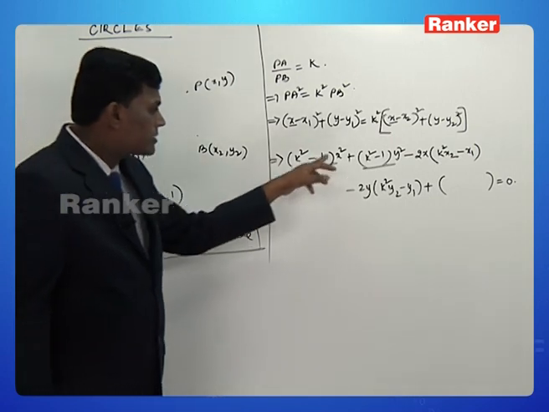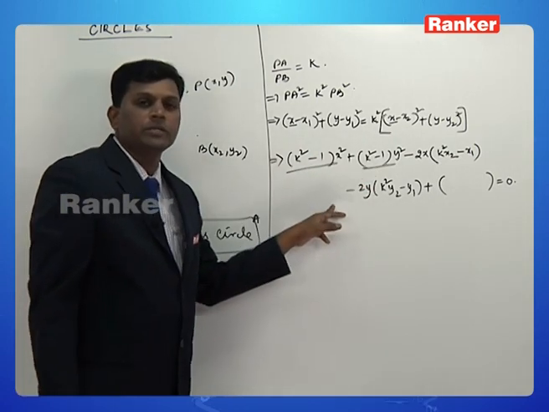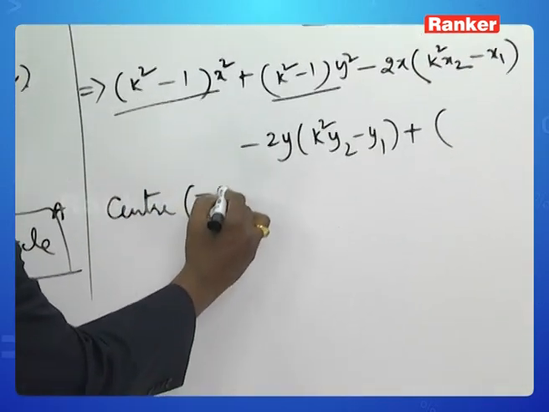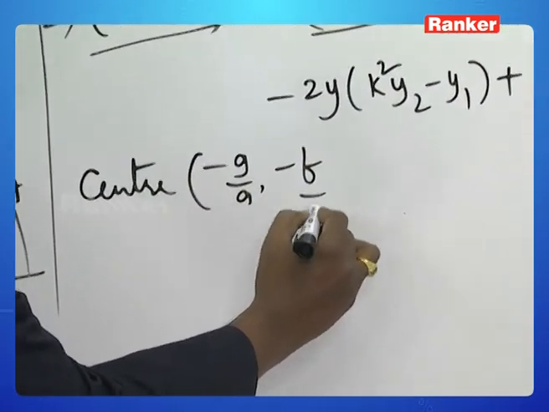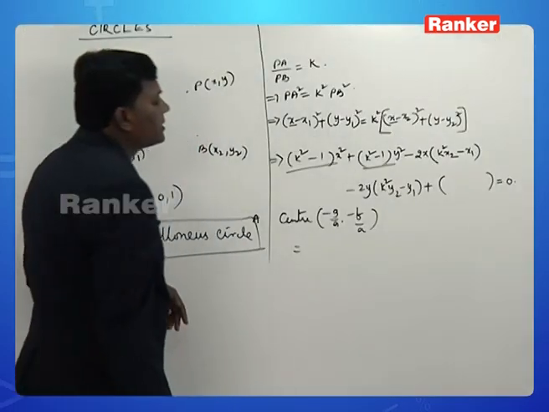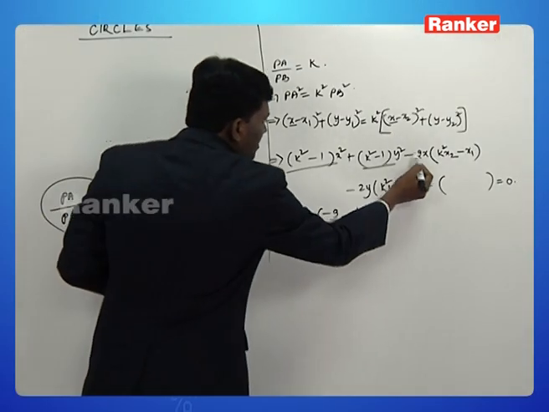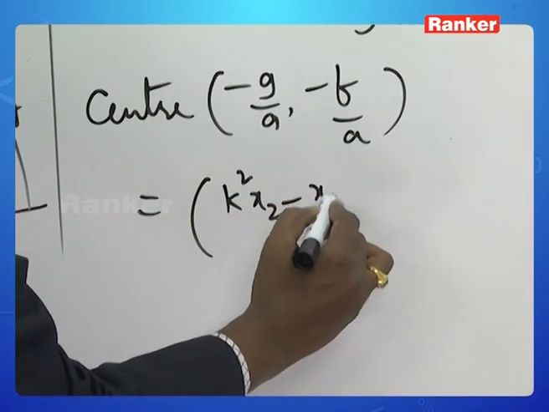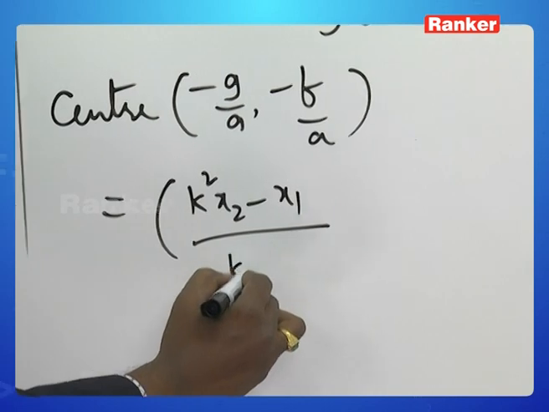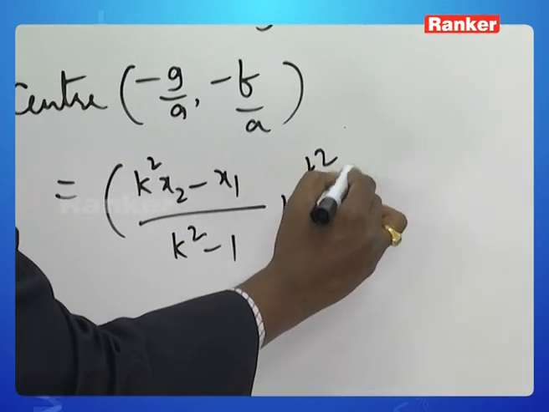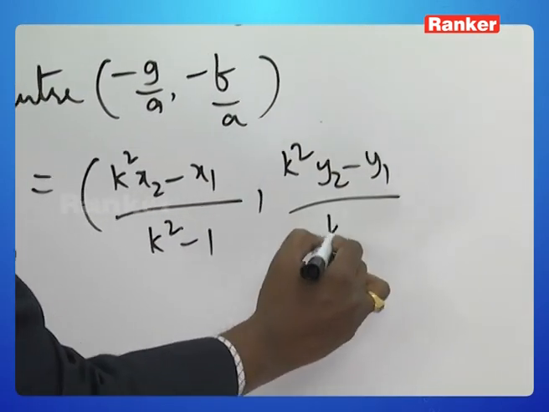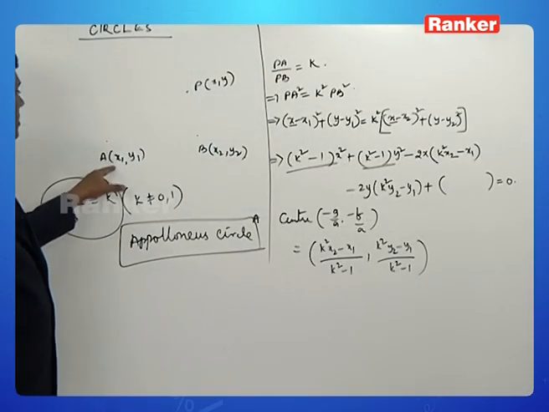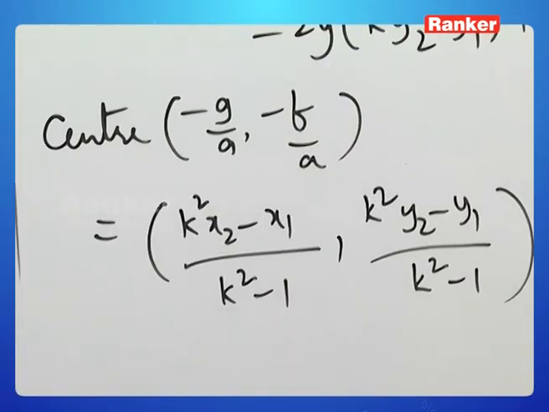Hence, it always represents a circle equation whose center is, just now we have derived the formula for this, minus g by a, minus f by a. Minus g will be plus k square x2 minus x1 by k square minus 1, and k square y2 minus y1 by k square minus 1. So clearly this locus is representing a circle equation.